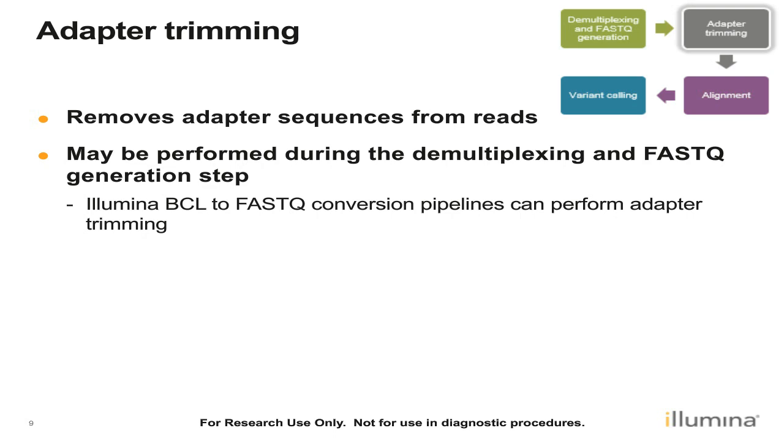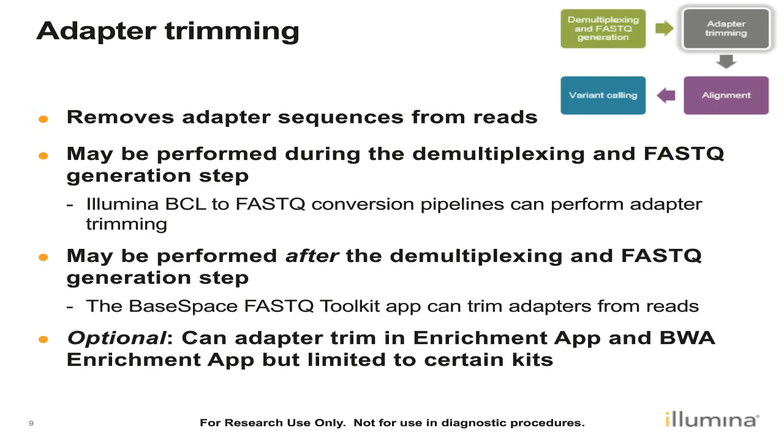There are options to trim adapters during FASTQ generation. It can also be performed as a step after FASTQ generation. There are multiple tools freely available. There's also one on BaseSpace called FASTQ Toolkit, and with this you can point to your FASTQ files and give it a sequence and it will trim adapters.